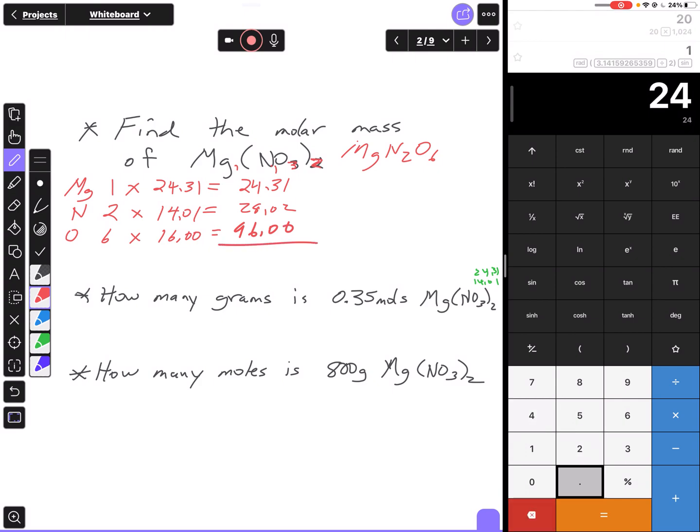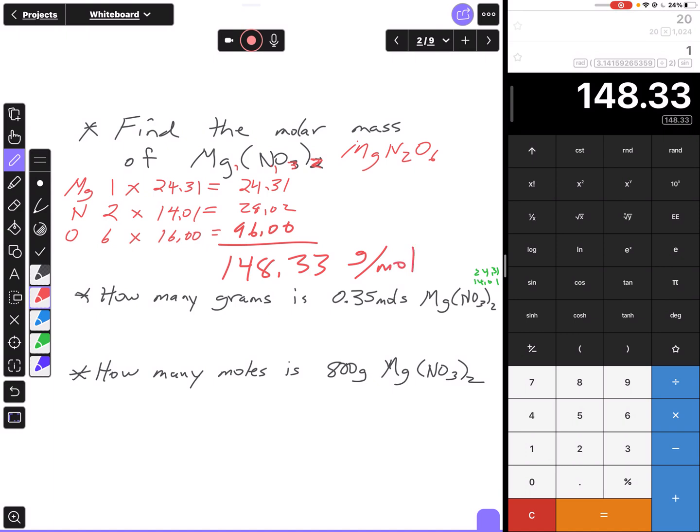That's 24.31 plus 28.02 plus 96. I get 148.33, and that's going to be grams per mole because that's the units for molar mass.